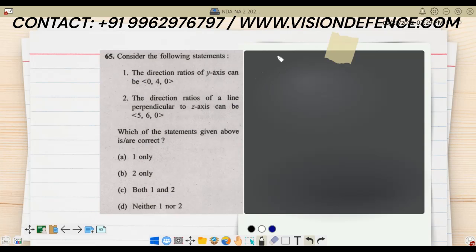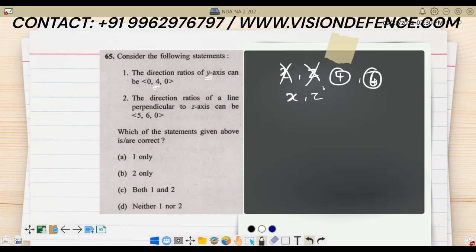65th question: the direction ratios of the y-axis can be 0, 4, 0. Of course it is, because for the y-axis, the direction of x and z won't change, and the direction of the y-axis will remain constant, any constant, right? 4, maybe even 6.